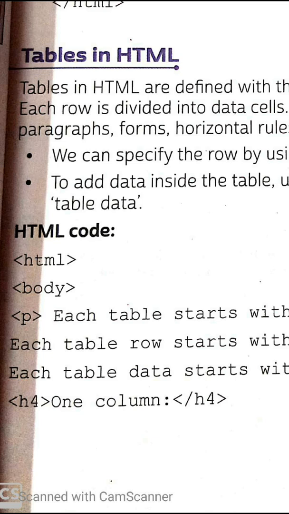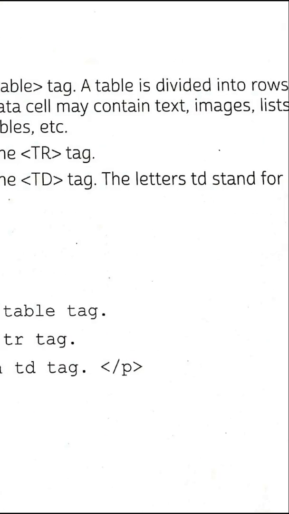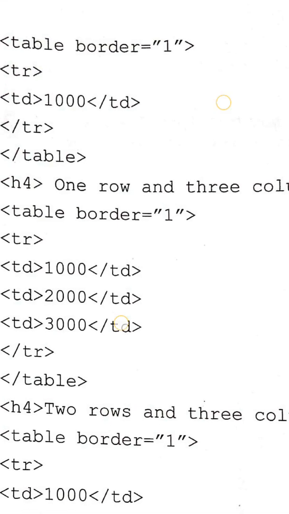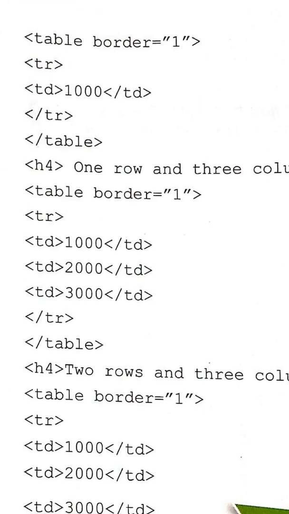Then H4, the one column. In the first column, what do you want to give? Table border. Table border 1 means it will show you the width of the table border as 1; 2, 3, like this you can write. Then you have to write TR. Why are you giving TR? Because you want a row.